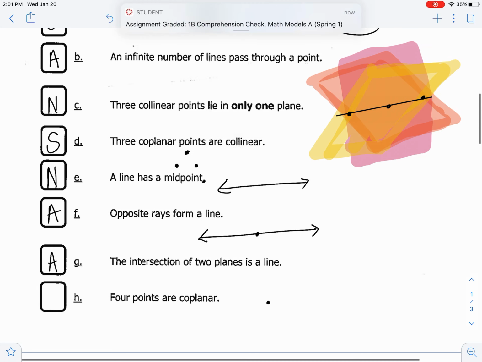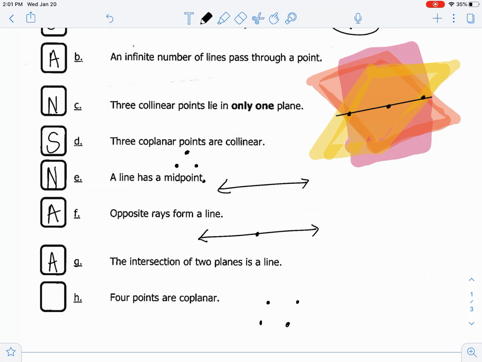4 points are coplanar. So here I have 4 points that are coplanar on this flat surface, but if I have 1, 2, 3, and you can't see the third because I have it up in the air above my iPad, that 4th point would not be on the same flat surface.